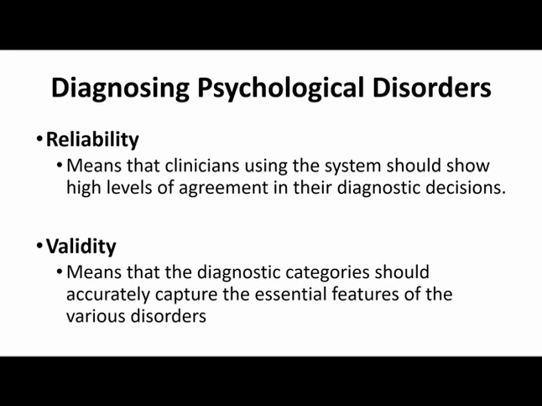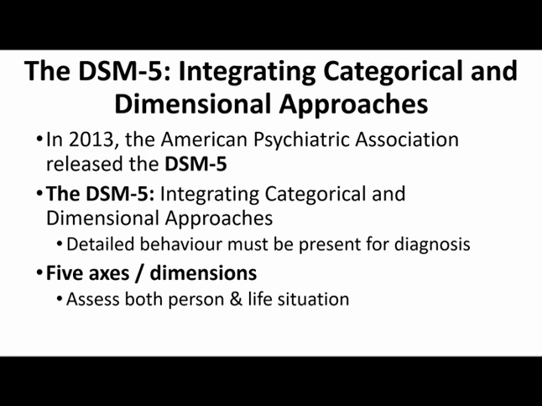And if we have something that is valid, not only will it capture those essential features, but it should also allow us to distinguish between different disorders. It should be specific enough that we can tell disorder A from disorder B if we're focusing on the features that matter to tell them apart.